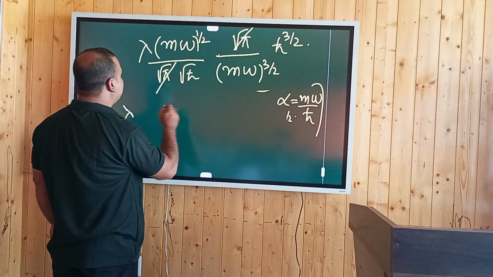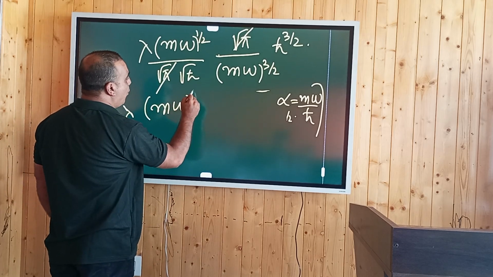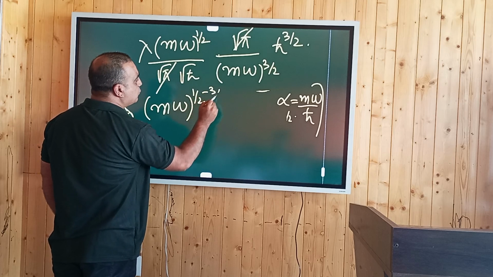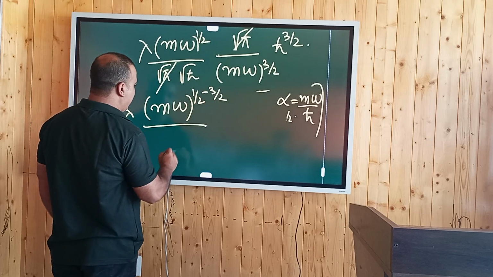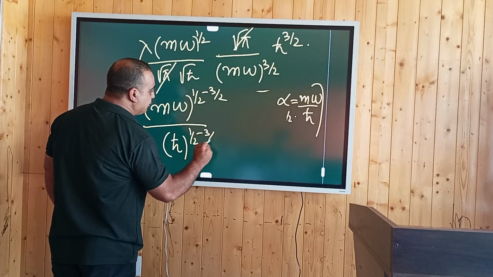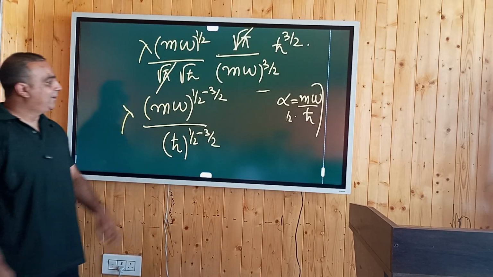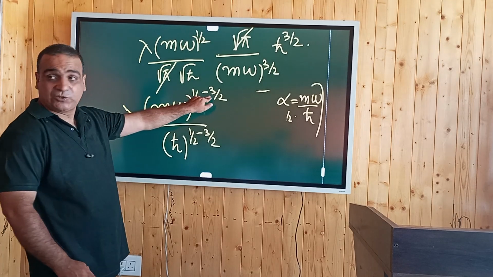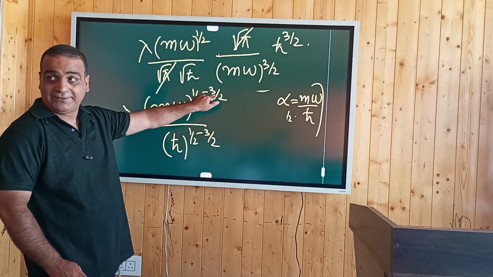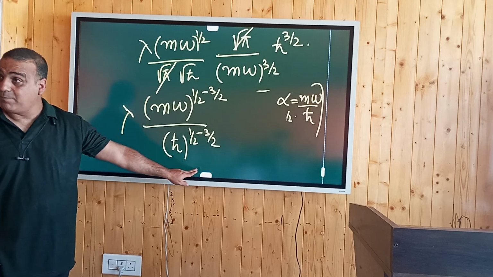This is m omega raised to the power 1 by 2 minus 3 by 2, divided by h cross raised to the power 1 by 2 minus 3 by 2. Is this clear? So what will you get from here? Minus 1. In the numerator you will have a power of minus 1, and in the denominator you will have the power of minus 1.